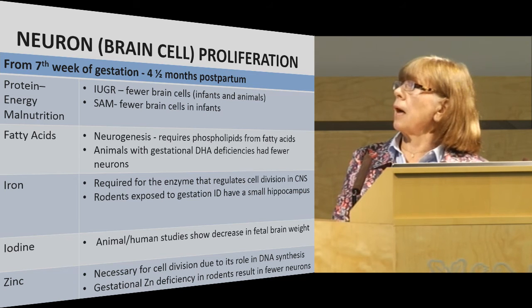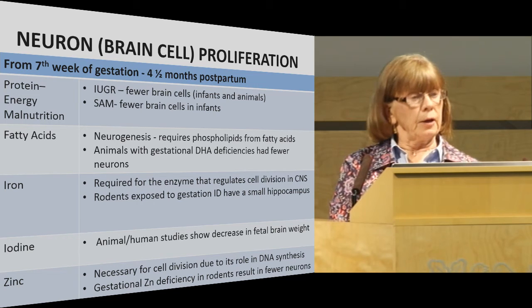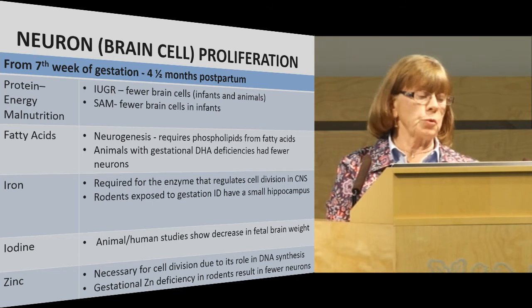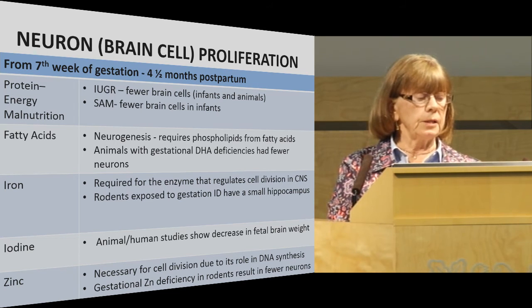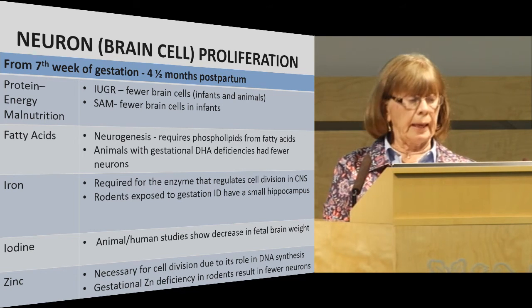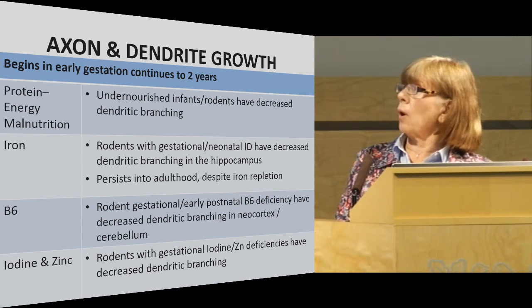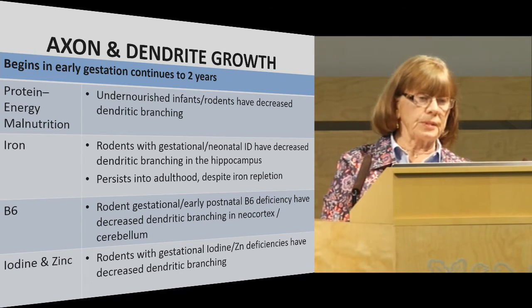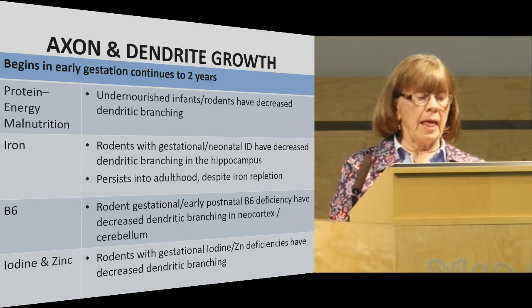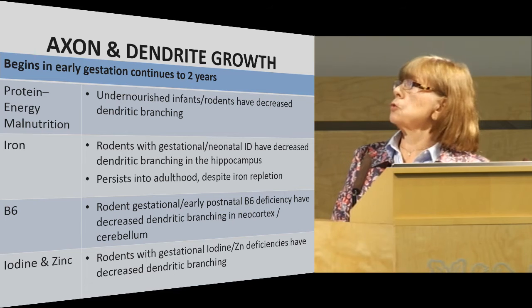So this is early neuron proliferation, and you can see they range from protein energy needs through fatty acids to iron, to iodine, to zinc. And then when we look at axon and dendritic growth, again, we have some of the same candidates that begin in early gestation, continue to age 2 years.